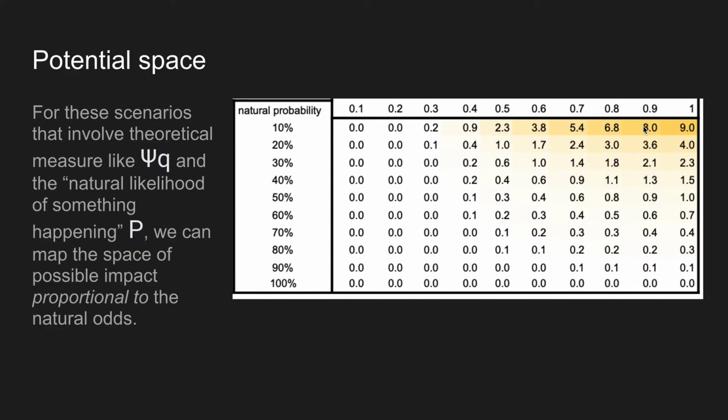And I'd say the sweet spot isn't the darkest yellow. It's kind of here in the middle where you're starting to get like 2 or 3, or 2.3, 3.6. So again, the sweet spot for most people who aren't the number one sorcerer in the world is going to be kind of like 70 to 80% on both natural odds and magical potency, or psi.